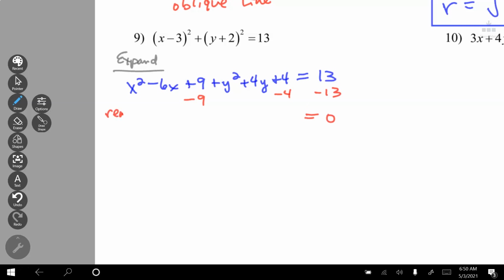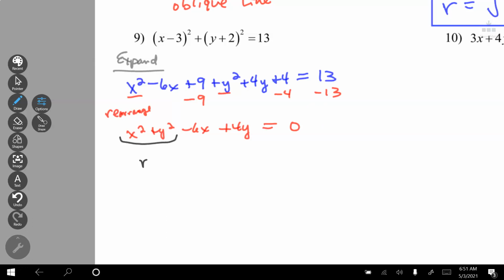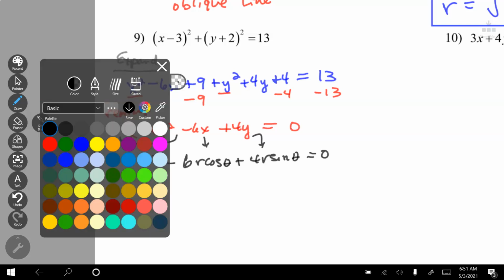I'm going to rearrange a little bit, because I know what I want. I see x squared plus y squared minus 6x plus 4y, and I'm going to move this over, is equal to 0. Those are nice. r squared minus 6r cosine theta plus 4r sine theta is equal to 0.